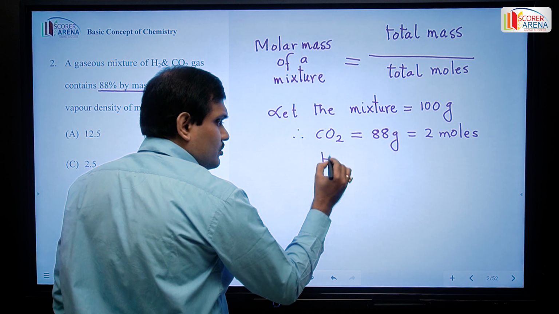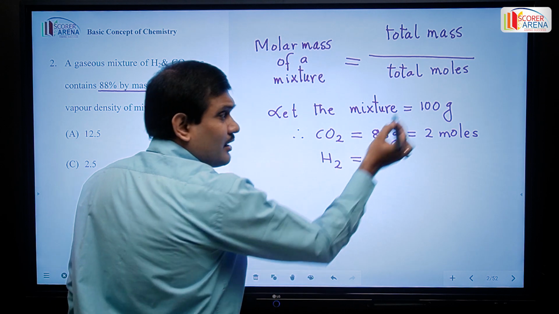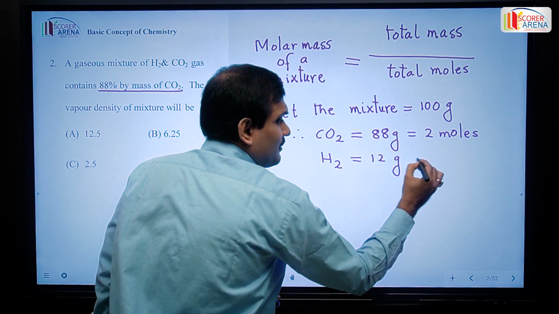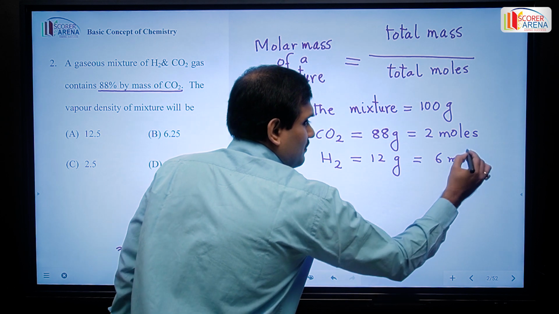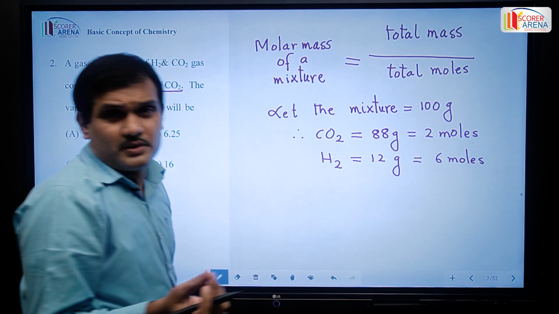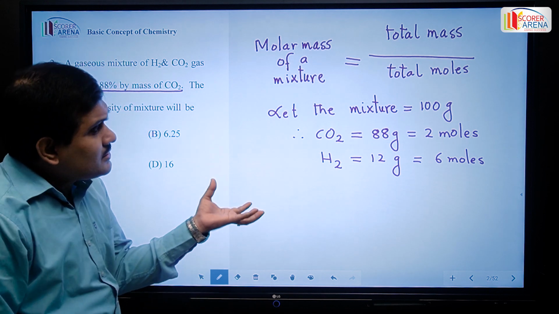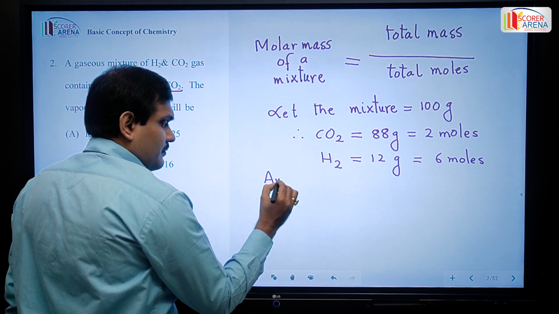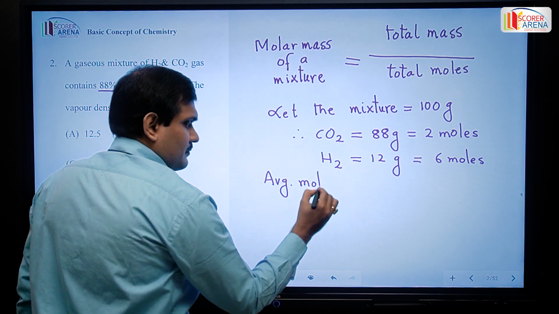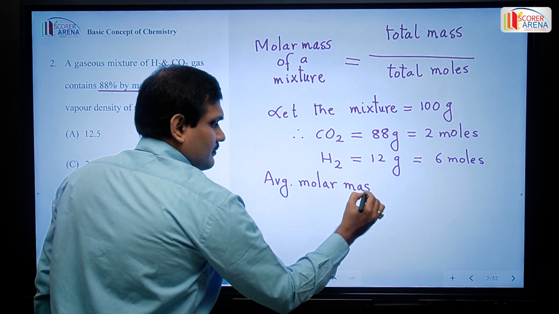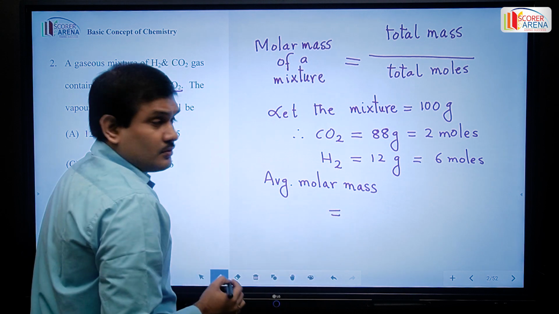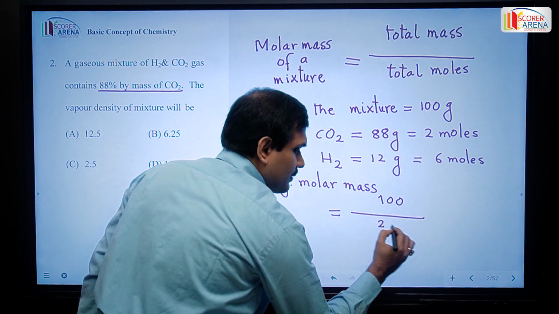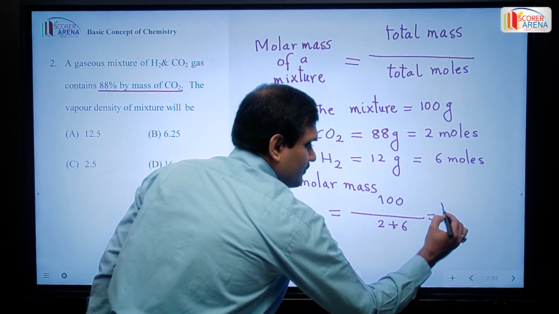For the remaining part, subtract 100 minus 88, it will be 12 gram. That means it will be 6 moles, because hydrogen has molar mass 2. Now apply this in the above formula. Average molar mass equals total mass, which is 100, divided by total number of moles, which is 2 plus 6, that means 8.